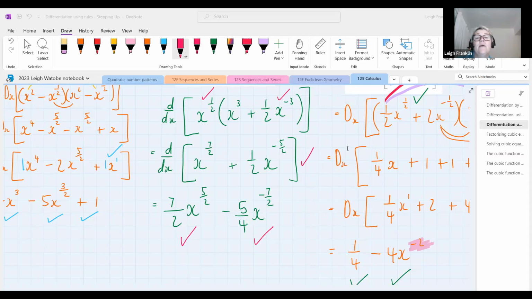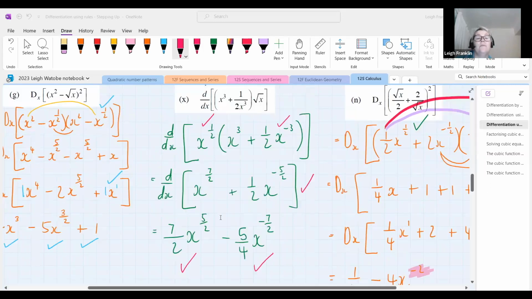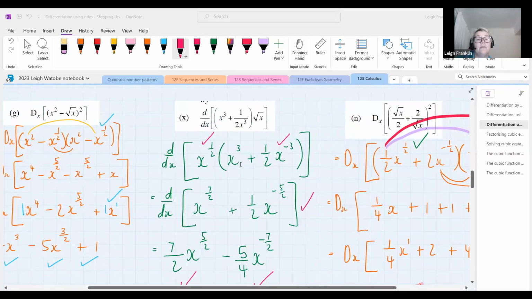Neo and Katlejo, what are you struggling with in question X? So we've spoken about the root x before and why that would be x to the power of a half. Its distribution.